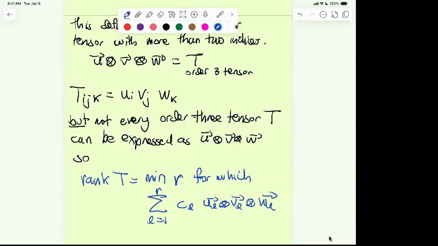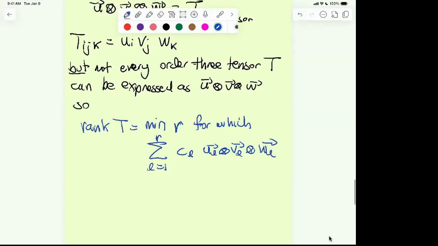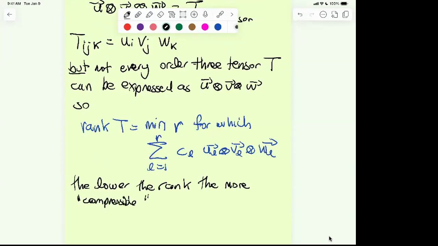The rule of thumb is that the lower the rank, the more compressible, in a data science way, the tensor is, because the different parts of the object are more independent of one another, the more compressible T is.